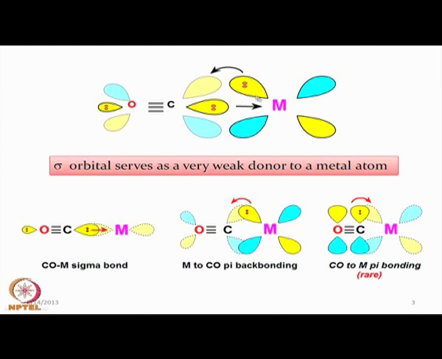If the metal orbitals have matching symmetry with the filled carbon monoxide pi bond, depending upon the metal ion, whether it is chromium, cobalt, titanium or vanadium, then we can push some electron density, and there we consider carbon monoxide as a pi donor ligand.